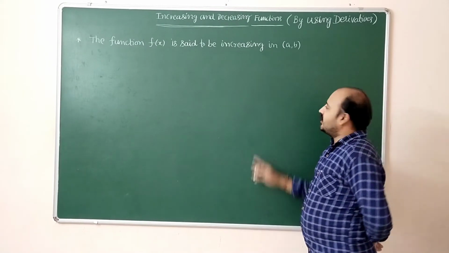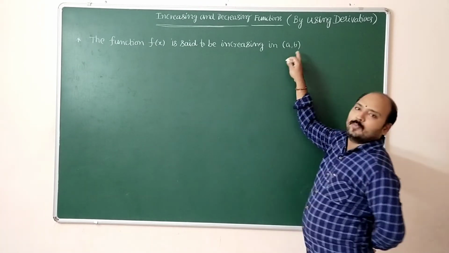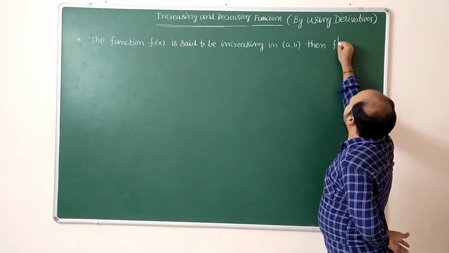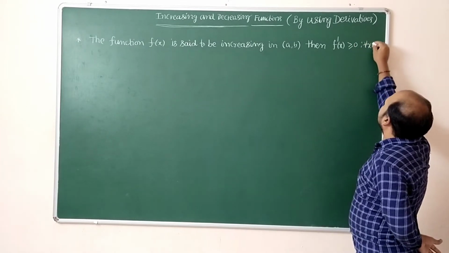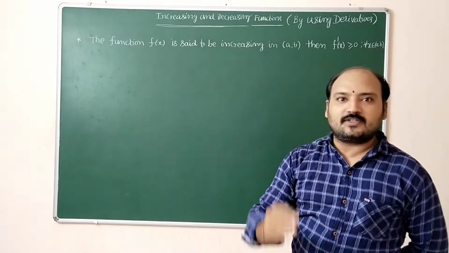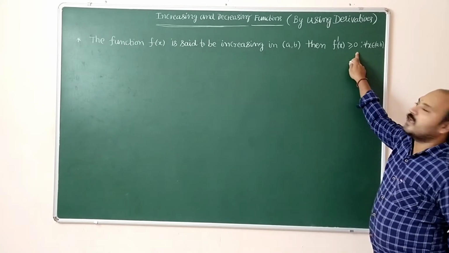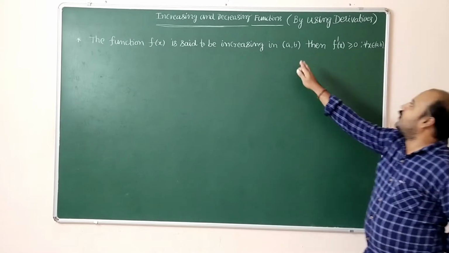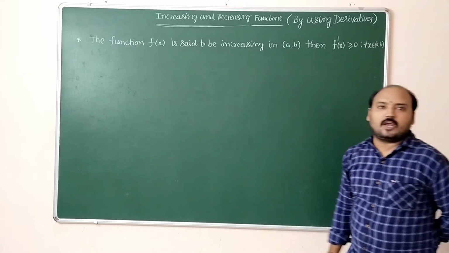Whatever you want to take, either it is open or closed. Increasing in open interval of a comma b, then f dash of x is greater than or equal to 0 for all x belongs to open interval of a comma b. You remember that. So the function f of x is said to be increasing, then f dash of x is greater than or equal to 0 for all x belongs to open interval of a comma b. Suppose if you are taking here closed interval of a comma b, here also for all x belongs to closed interval of a comma b.